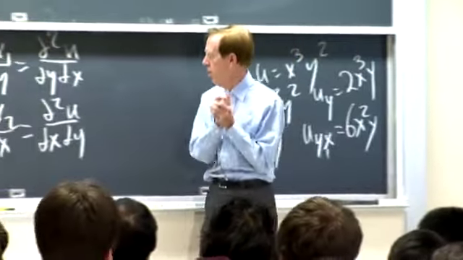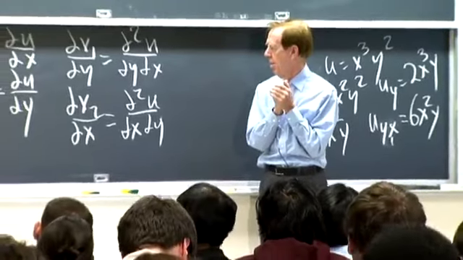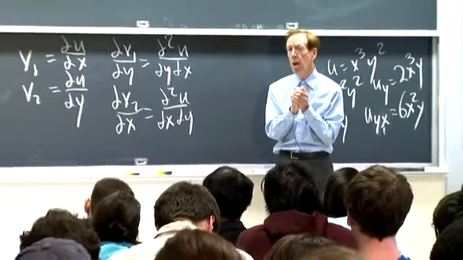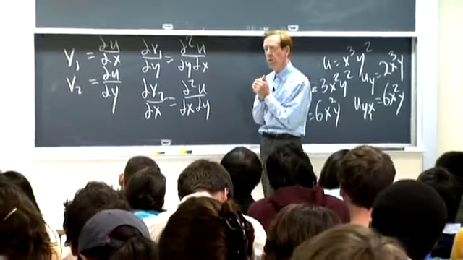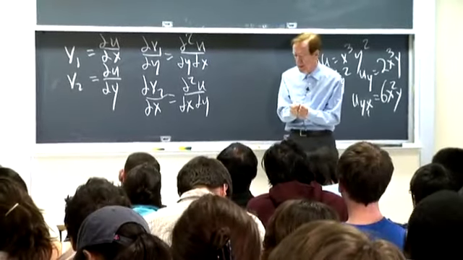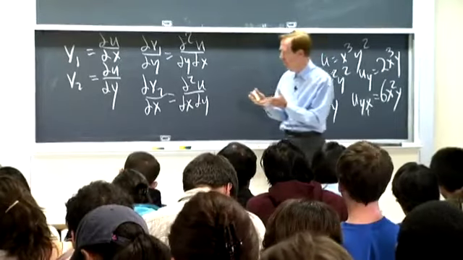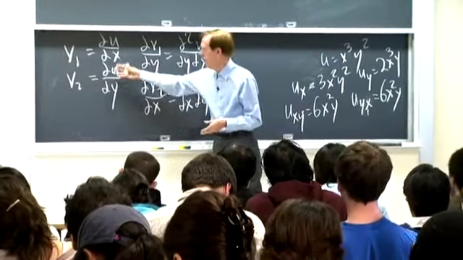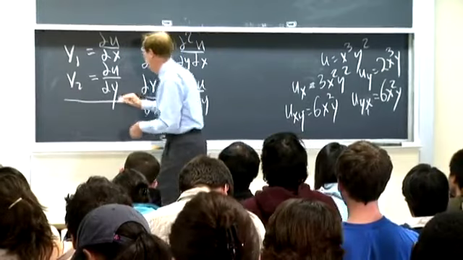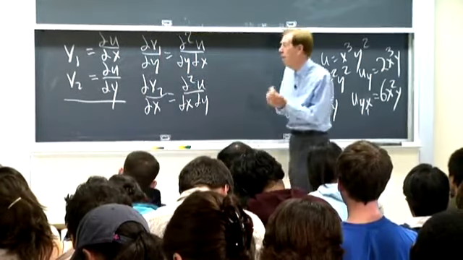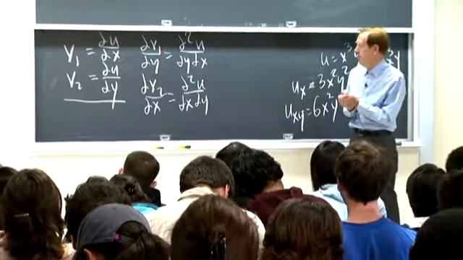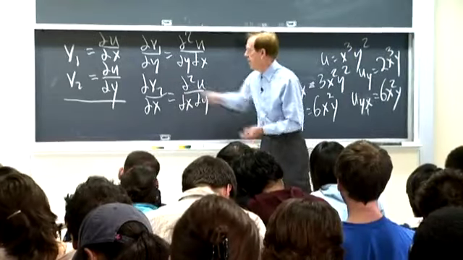And therefore, what do I conclude? What's the test on v1 and v2 that it must pass to be a gradient field, for there to be a function u that solves these equations? These are solvable only when what? Well, these have to be the same.